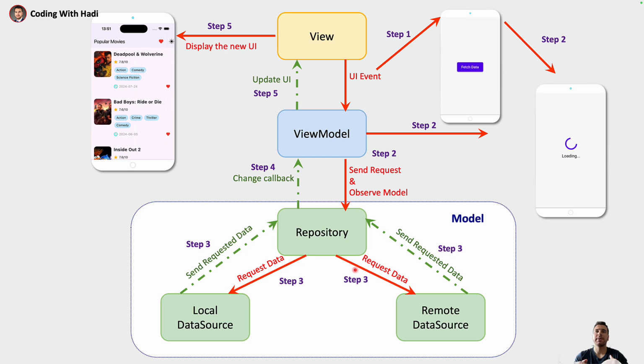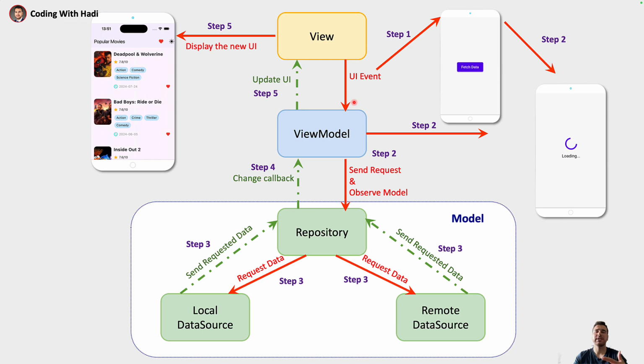The fifth step is that we show the UI on the screen once the state is updated. We go back to the view and tell it, hey, update your UI. We have got the new data. We need to display it on the screen for the user. And we show it directly for the user like this.